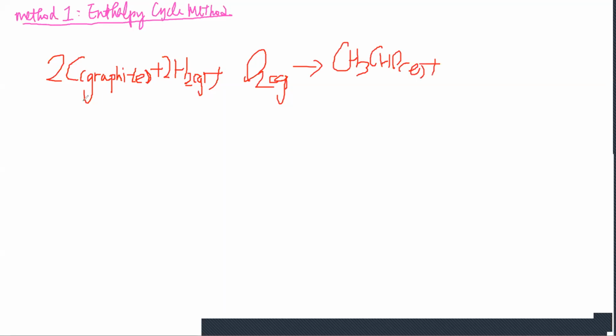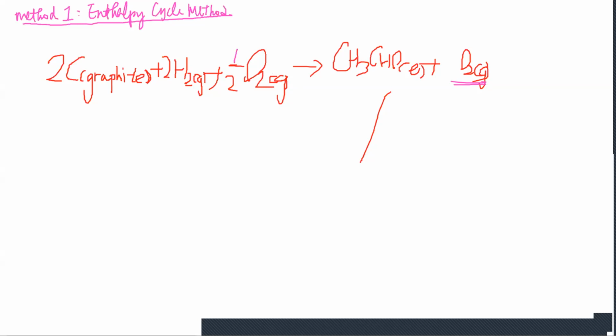Two graphite, 2 hydrogen gas, and half mole of O2 to form the final product. Somebody wrote oxygen here, but originally it is 1/2, a half. How come you write that O2 here? Oh, you want to do combustion, right?